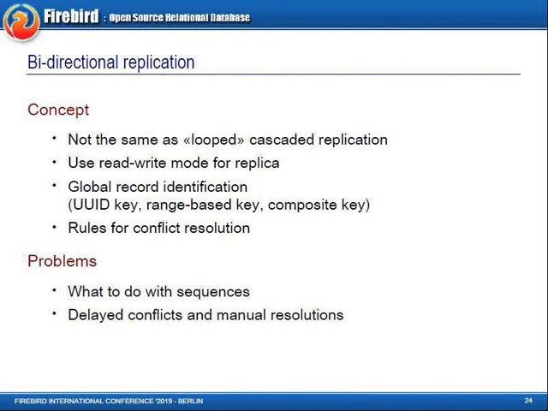And another problem is how to replicate sequences. If you use them to generate some local numbers in one database and another database, the replication will just overwrite each other's changes and the numbering will be broken in both databases. So the common solution is just to not use sequences at all and generate UIDs with different schemes.